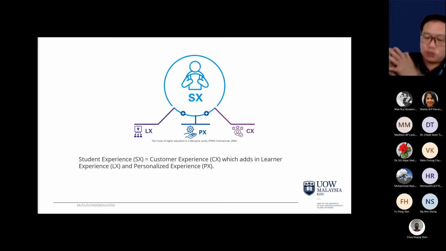Now, what I want to emphasize over here is this: when you talk about transformative learning, I always want to emphasize that it acts in many ways. The experience of the student is not just limited to what education or knowledge they get. It is the whole experience of the product itself. It's like, as I said, buying a car. Buying a car is not only the payment that you make, but the next 5 years when you send it to the service center.